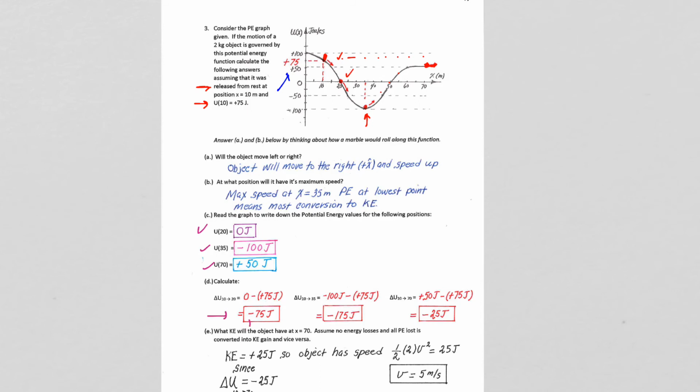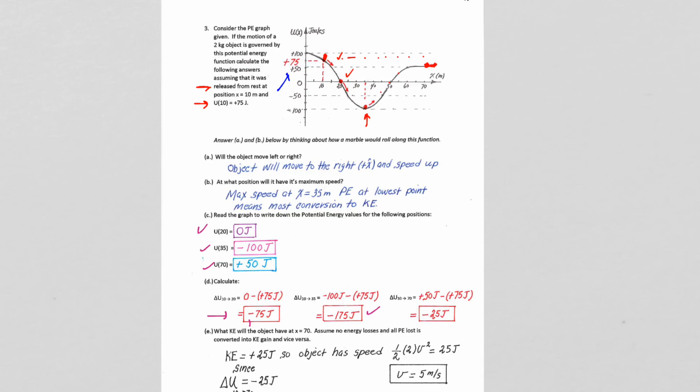Remember, the negative means lost 75 joules of potential energy. So it gained 75 joules of kinetic. From 10 to 35, the potential energy change was negative 175. So from where it started to its maximum speed, it lost 175 joules of potential energy. So that was gained by kinetic energy.